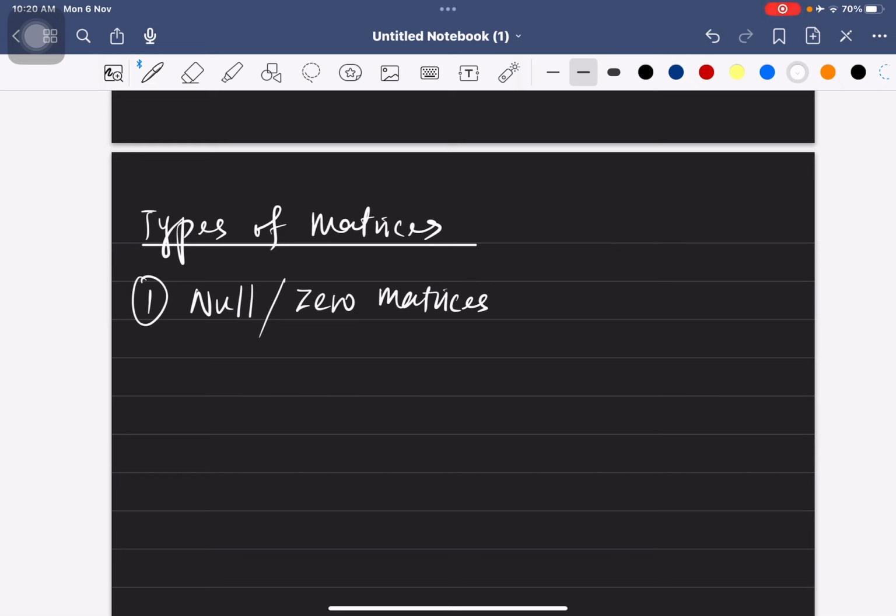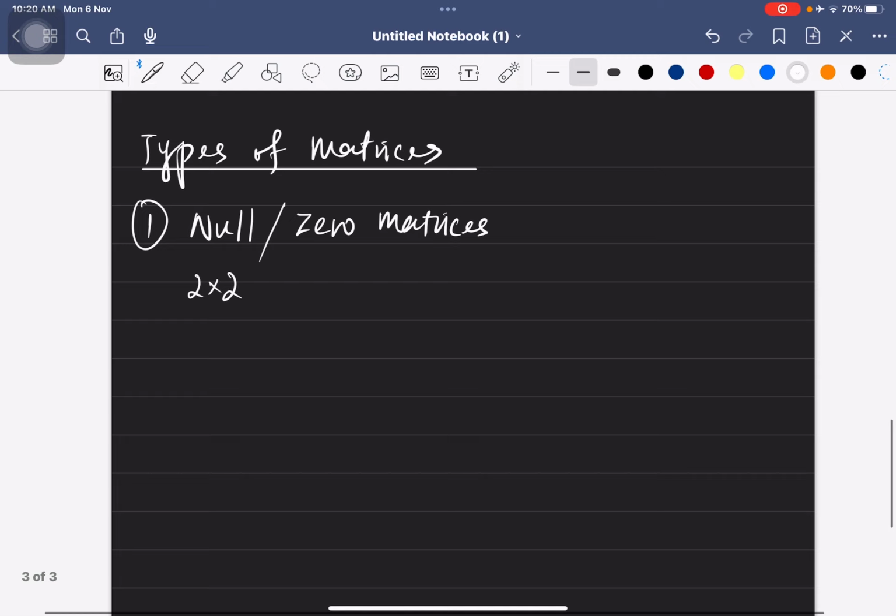A zero matrix is basically like, for example, this 2 by 2 matrix, it is a null matrix. Null means all the entries are 0. If it's a 2 by 2 matrix, by right it will have 2 rows and 2 columns. Null matrix means all the entries are 0, so they fill up with 0.